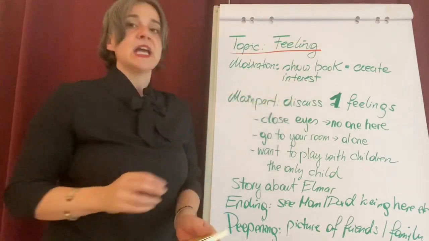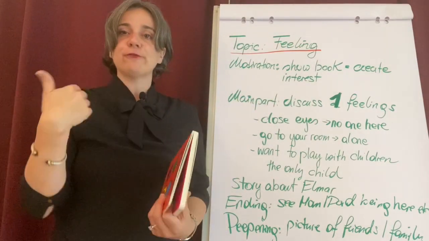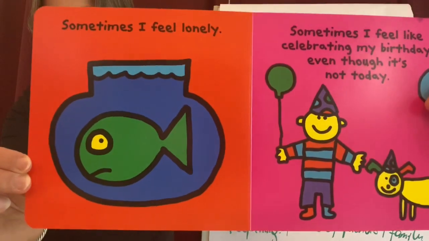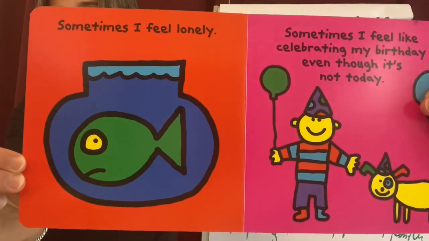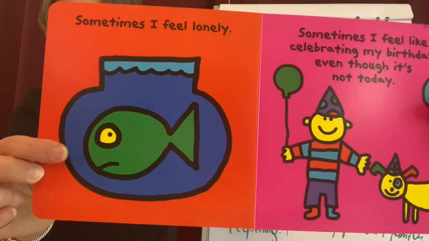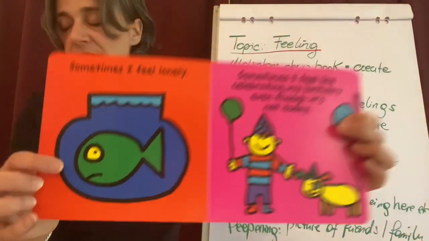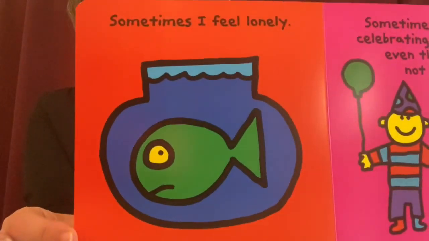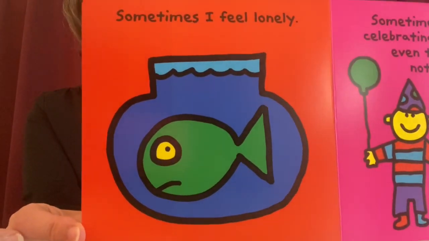I decided to discuss only one feeling. I decided, you saw it before already, sometimes I feel lonely. So you can see there's only one, there's no one around. So what I recommend, when I show this to the children, they will also see a little bit of the other picture.